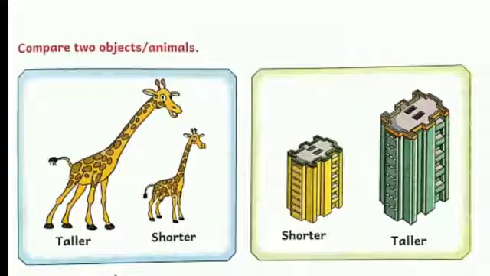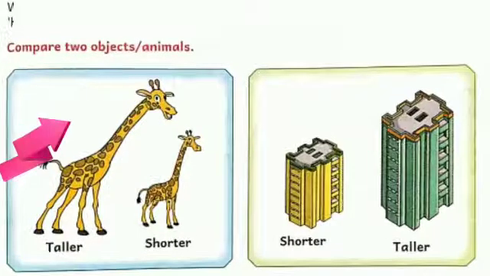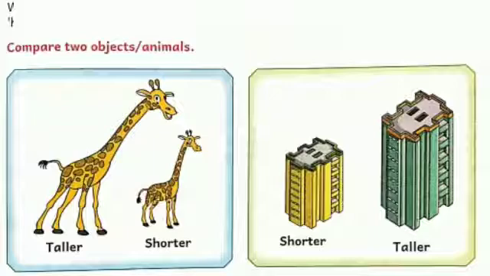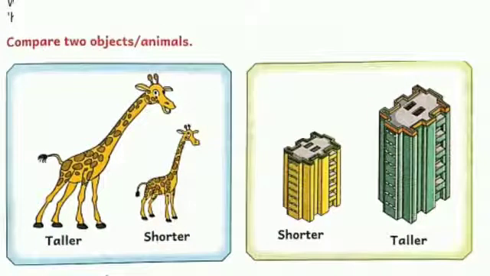When we compare the height of two persons, animals or things, we use the words taller and shorter. You can see here, this one is taller, this one is shorter, this one is shorter and this one is taller.